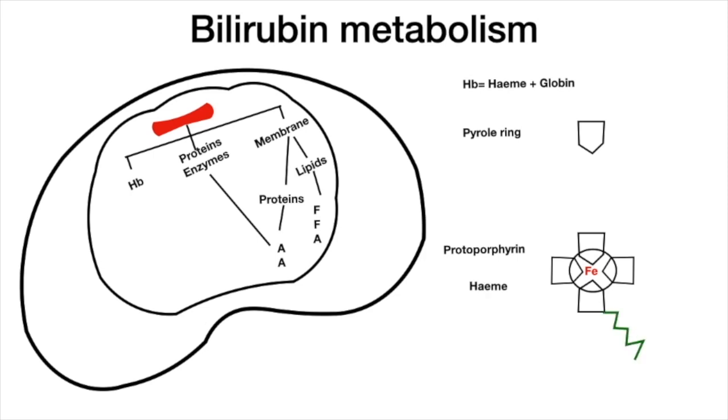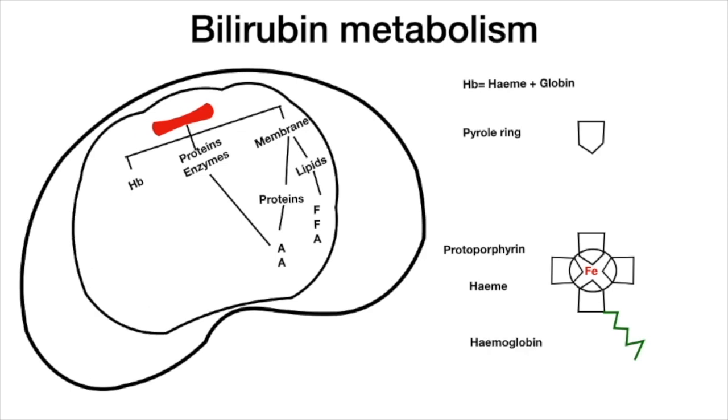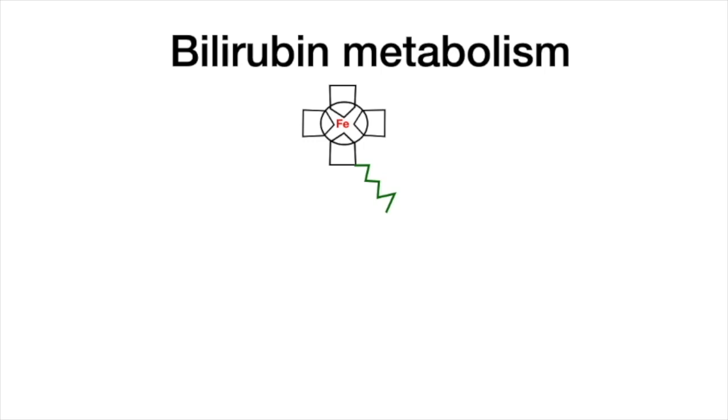And when one globin molecule is attached to the heme, it is called hemoglobin. Globin is a protein part and it is metabolized as amino acids, and that is gone.